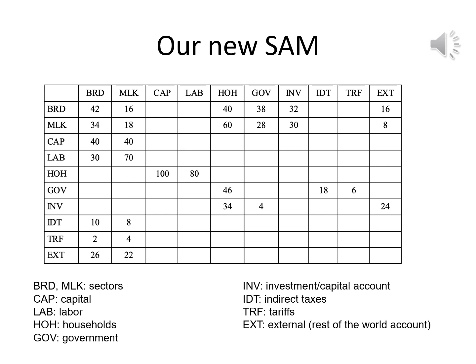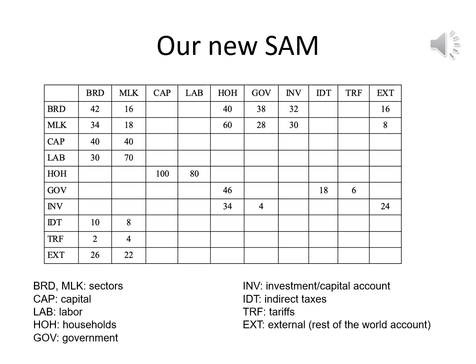And for the household account, the column sum is going to be equal to total household outlays, and similarly for government. And for investment, the column sum will be equal to total investments in this economy.